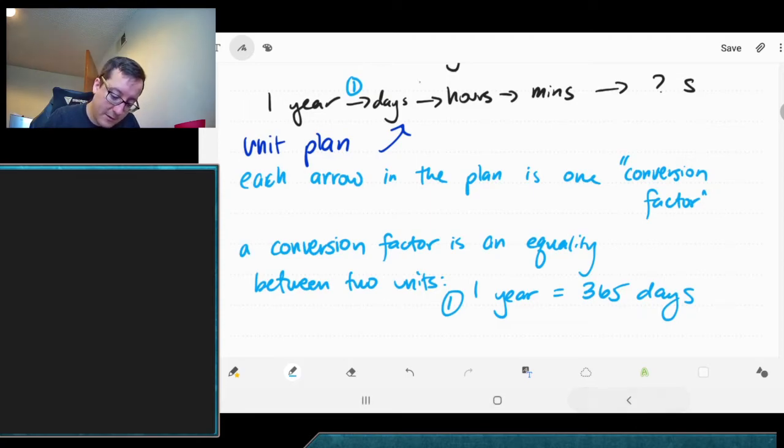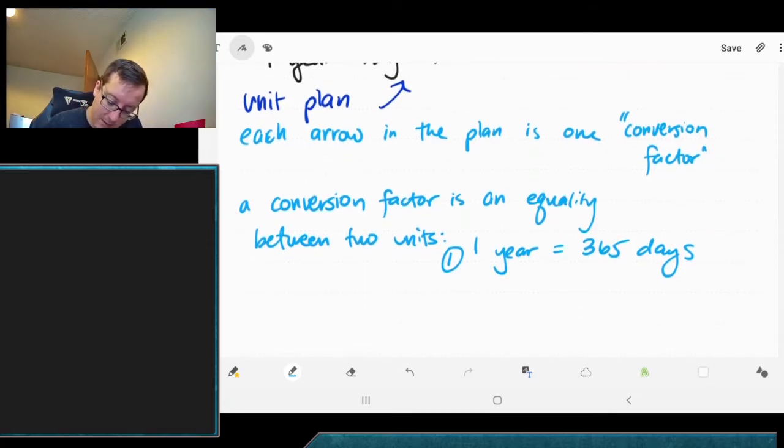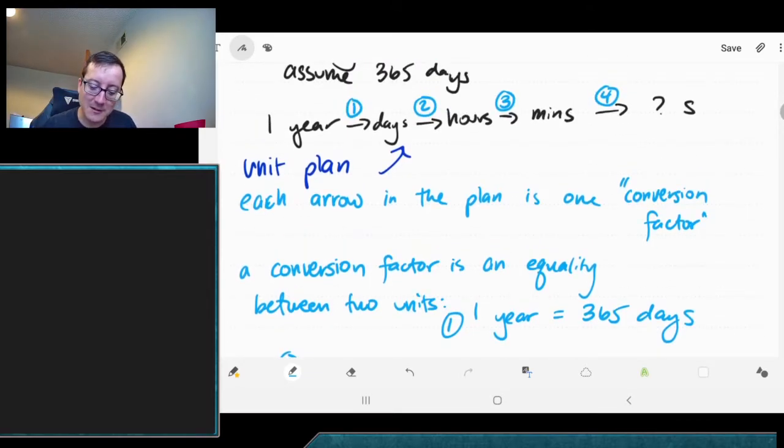We also know the remaining conversion factors that we're going to need. Again, these ones you already know, but as we go forward, maybe you won't know them, and we'll see what to do in that case. Either you'll be given them, or it's something you will have to know. So that's the short answer. Okay. Our second conversion factor is between days and hours.